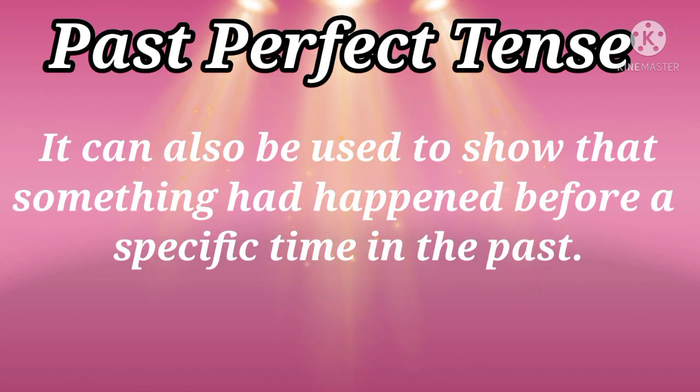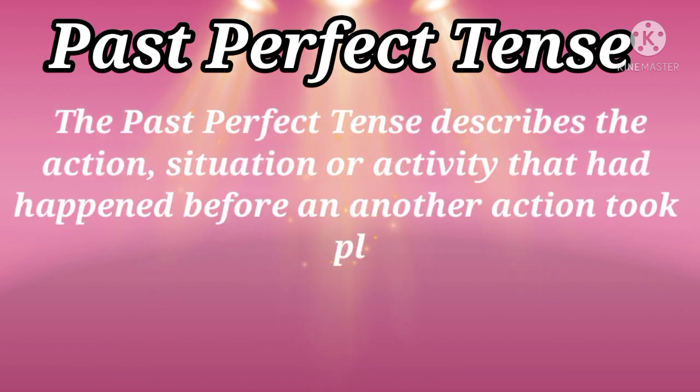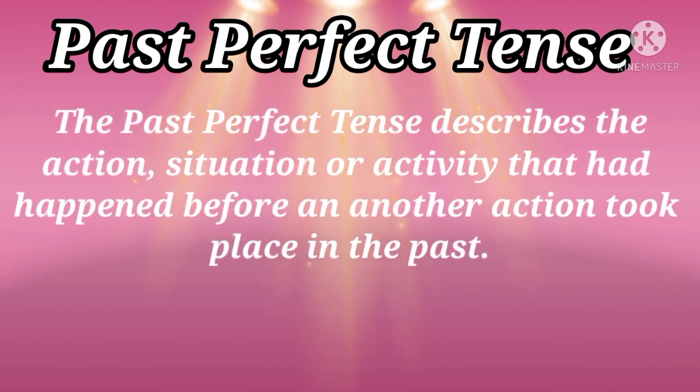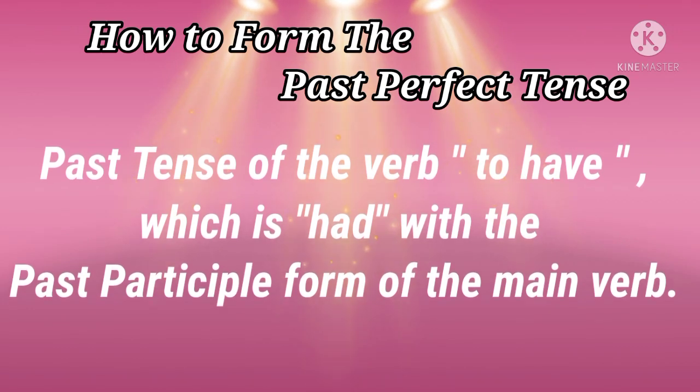Now it is clear that the past perfect tense is used to show the action that had happened before another action in the past. To form the past perfect tense, we always use the past tense of the verb to have, which is had, and add it to the past participle form of the original verb.